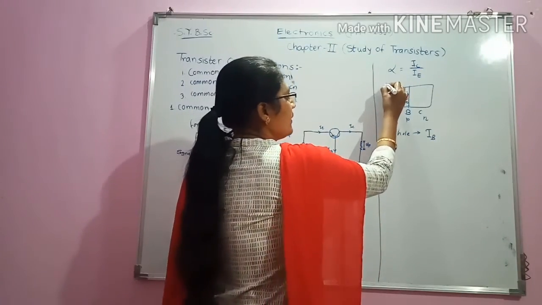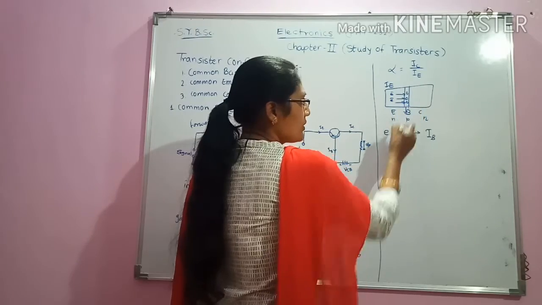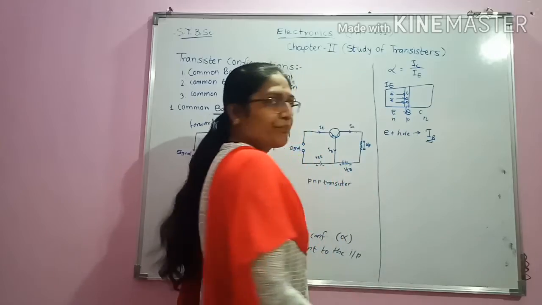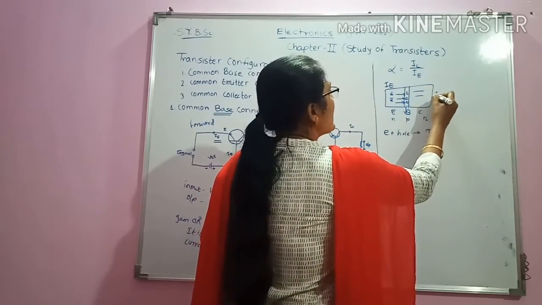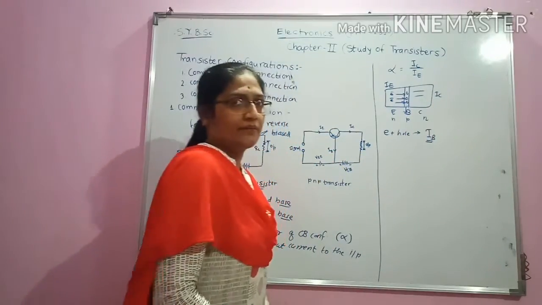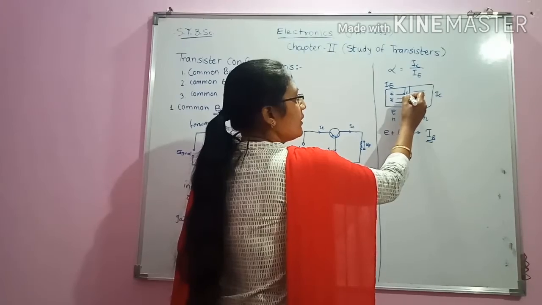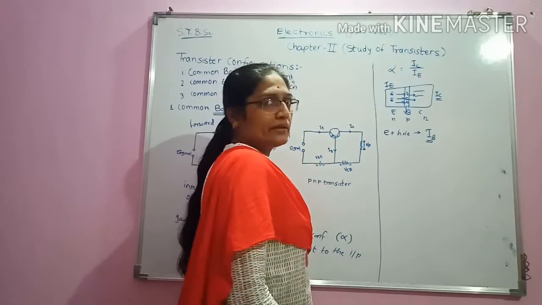Hence here the emitter current is there, then due to the loss or the recombination process there is the formation of base current, and here we will get IC, that is collector current, that is after the base the current will flow from base to collector.